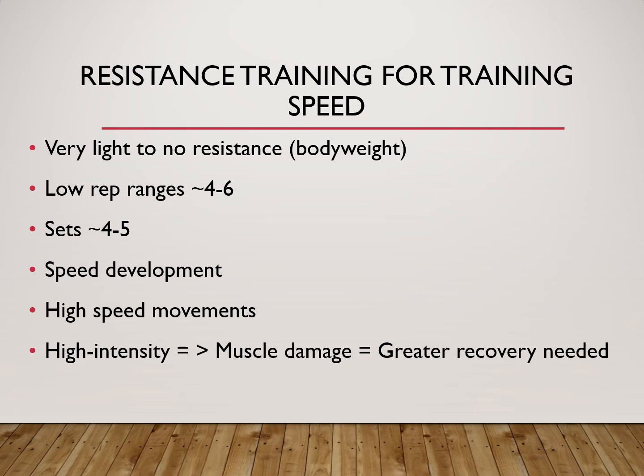The number of sets is around 4 to 5, but the main focus is on high speed movements. In every exercise within a resistance training session that is focusing on speed, the focus should be on high speed movements.